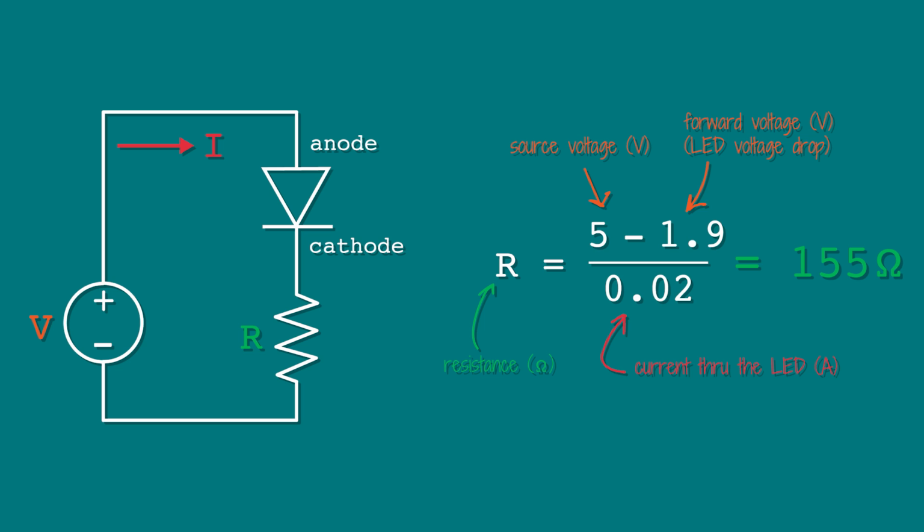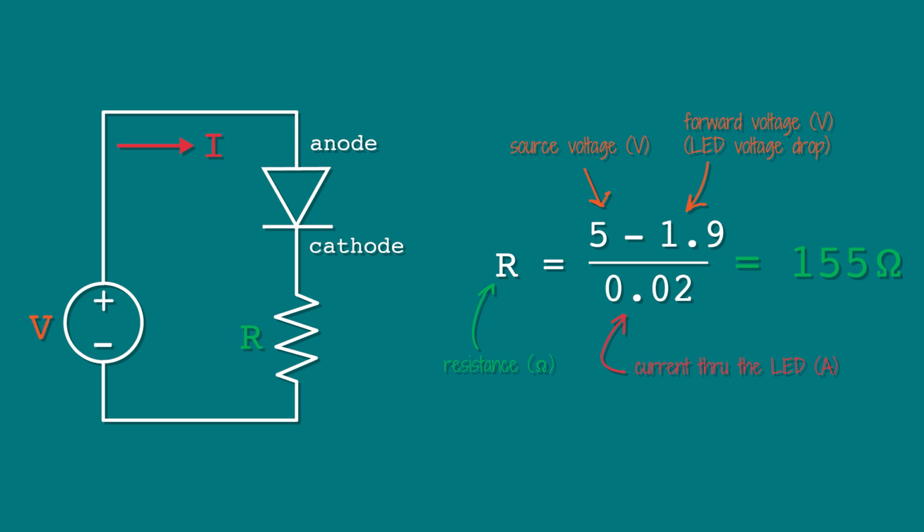In this scenario, the source voltage is 5, that's the 5 volts coming from Arduino Uno. And for the forward voltage, I'm using 1.9 to be safe. You don't know which color of LED you have, so it's safe to assume you have red. So let's use 1.9, and divide by 0.02, that's 20 milliamps, or 0.02 amps. This number comes from the data sheet that comes with the LED when you purchase it. That yields 155 ohms.